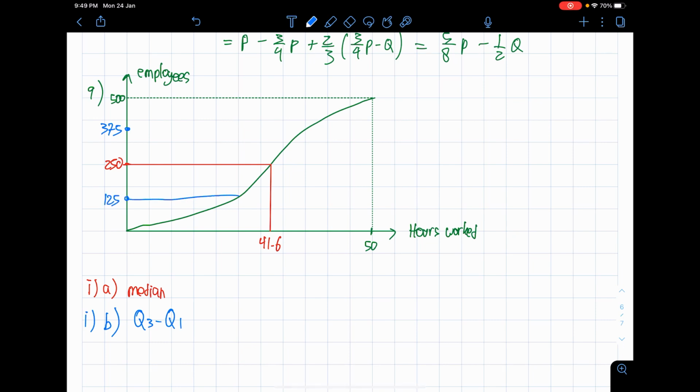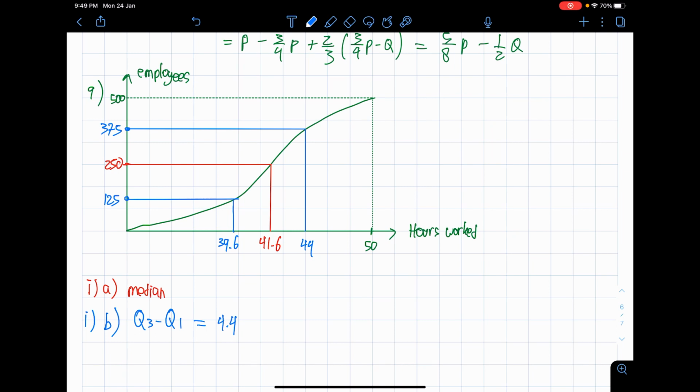And do the same thing again, just need to rely on the location. So that will be around 44 here and 39.6. And you just minus them together, you got 4.4.